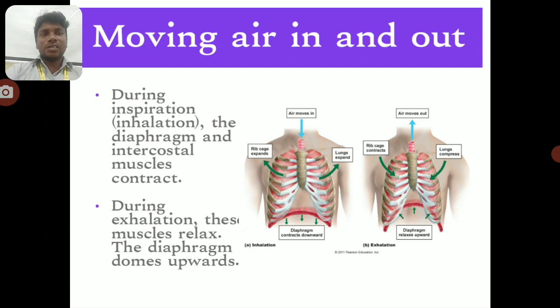During inhalation, the diaphragm and intercostal muscles contract. During exhalation, these muscles relax and the diaphragm domes upwards.